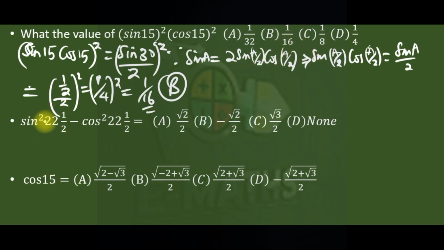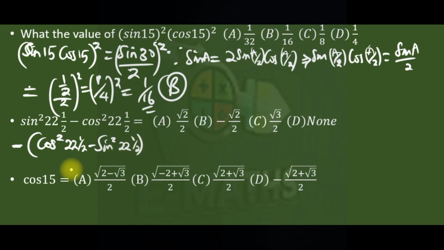In that same way, we're asked to find sine squared 22 and a half minus cos squared 22 and a half. We know we can write this as, if I factor out minus, cos squared 22 and a half minus sine squared 22 and a half.